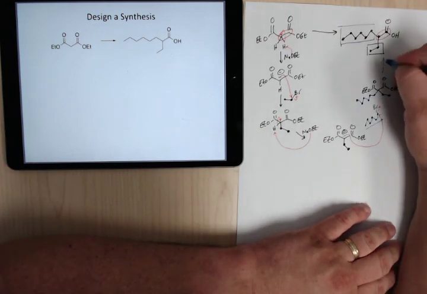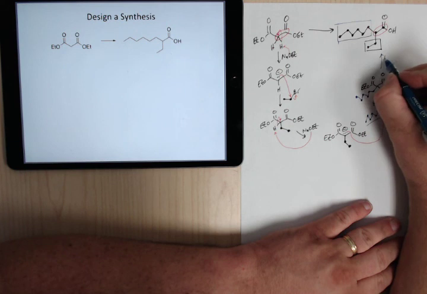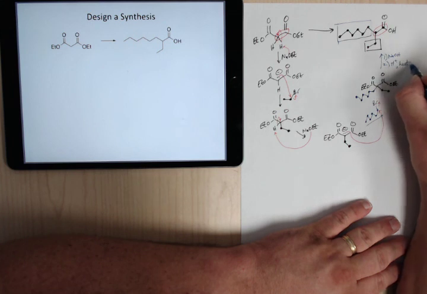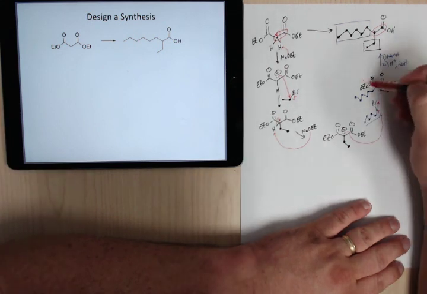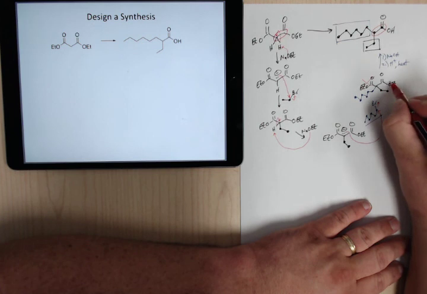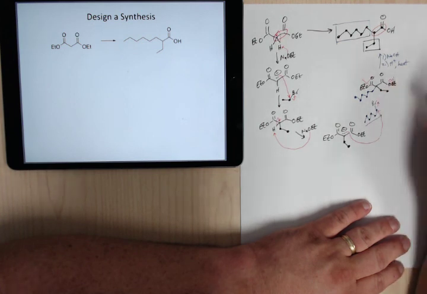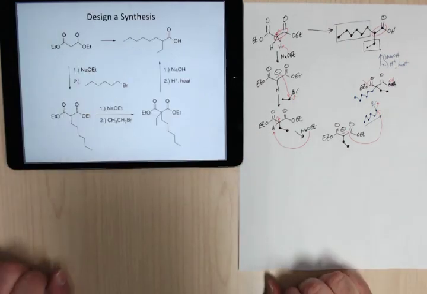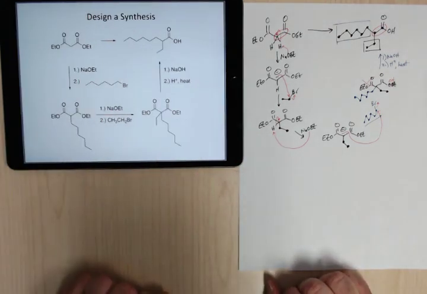And then when you go through this decarboxylation process, so first time you throw in sodium hydroxide, and then you put in acid and heat, okay? Remember, you get rid of one of the esters, and then this side becomes an OH. Okay, so that goes there. Good luck.